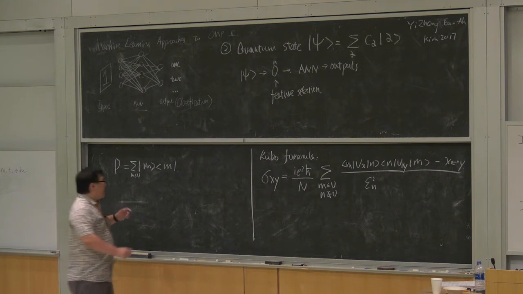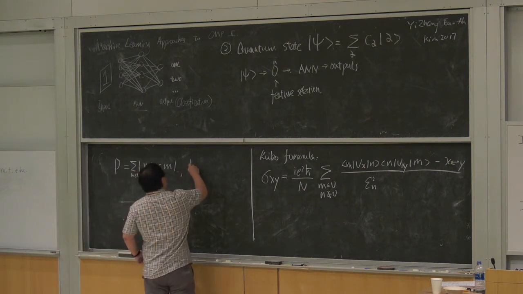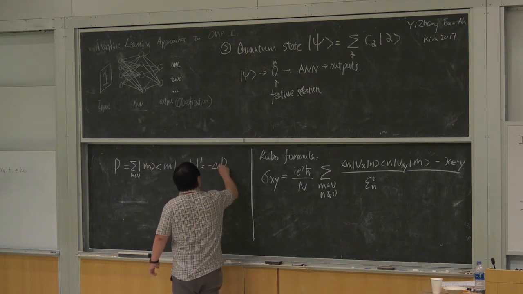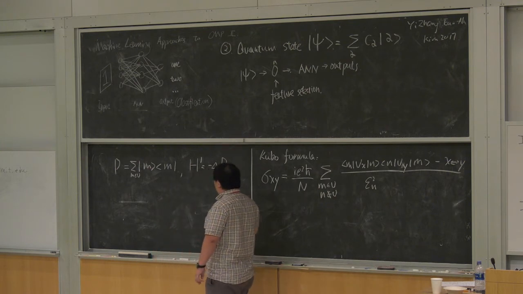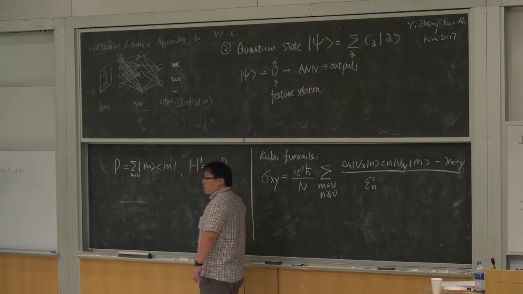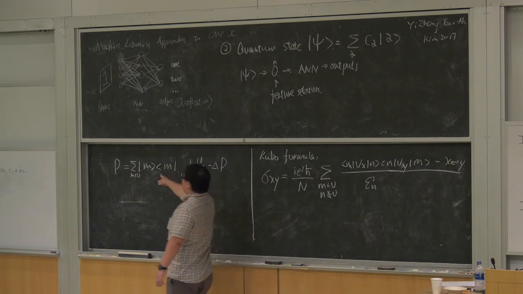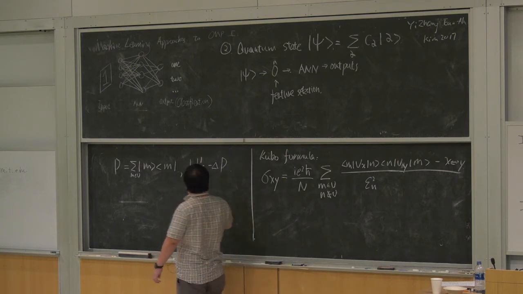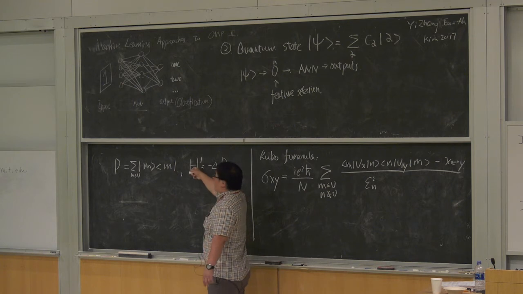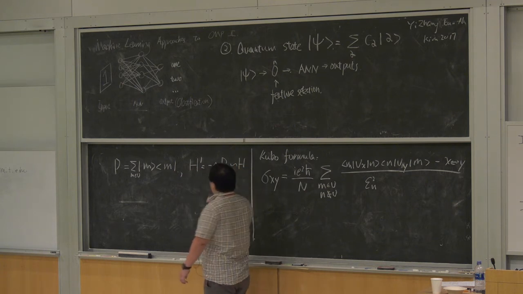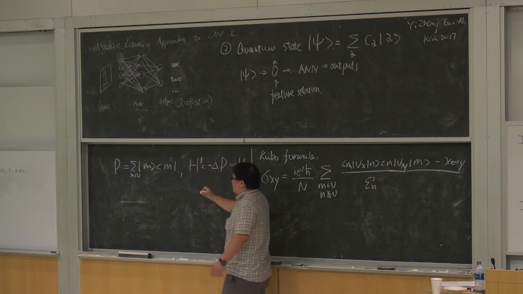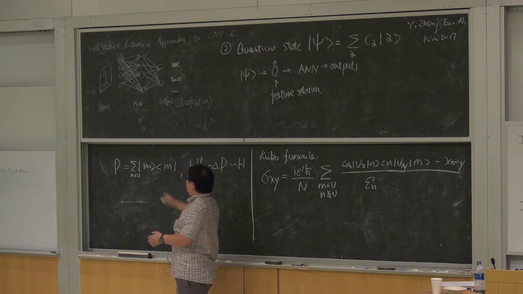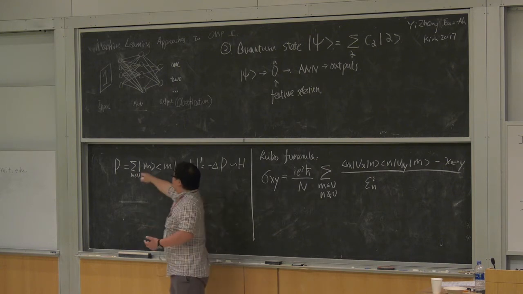That's a projection operator. So here is a claim: if I write down a Hamiltonian, which is just minus delta P, it will have the same topological property as the original H that gave me this non-interacting ground state. To see that, this H prime and the original H will have the same ground state, because P is a projection operator, and the eigenvalue will be exactly occupying all m.